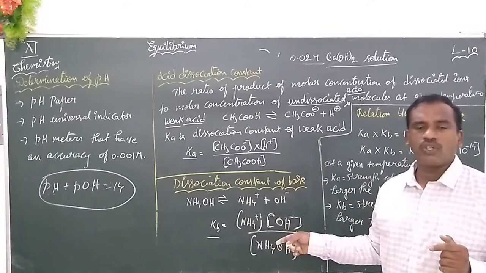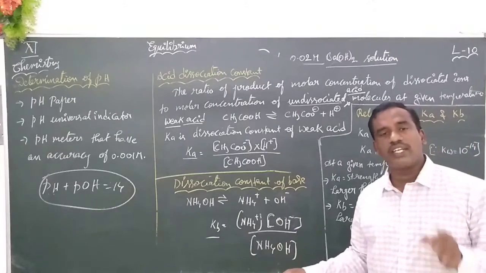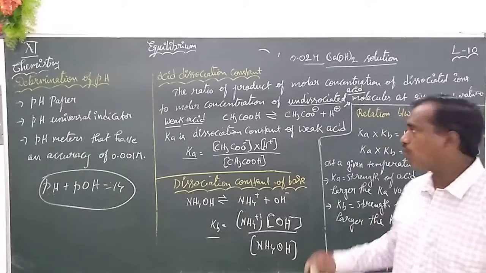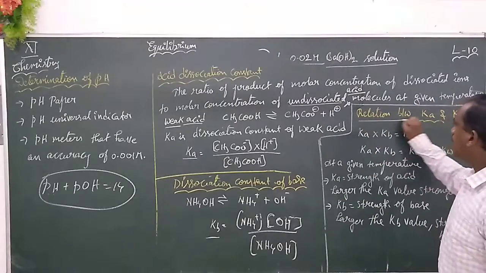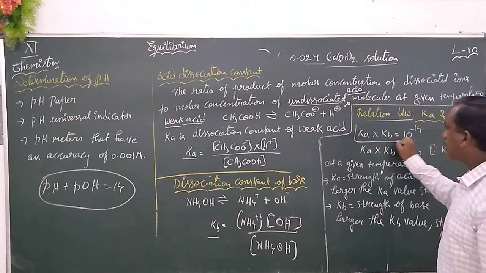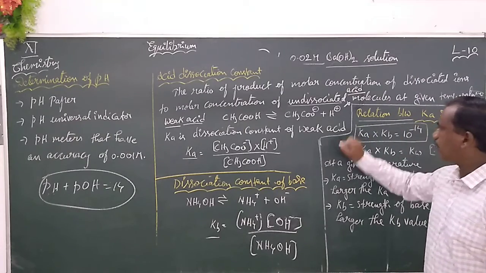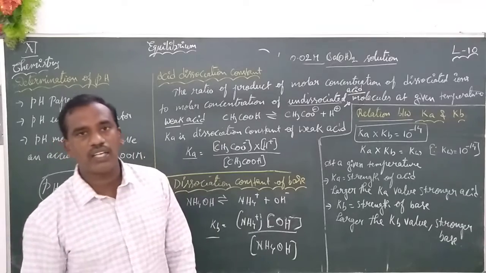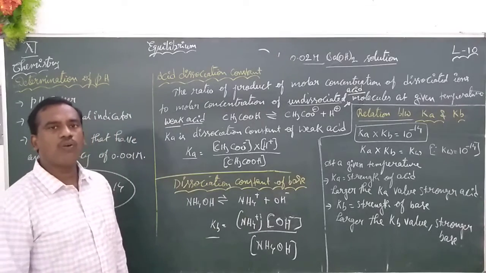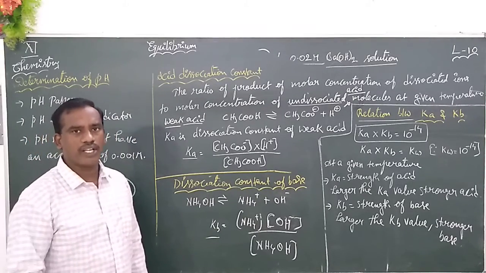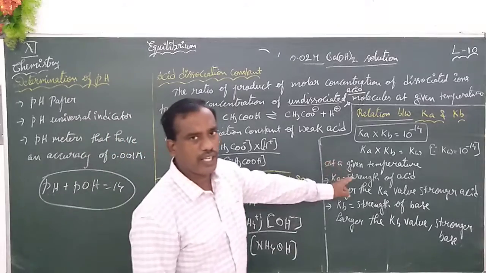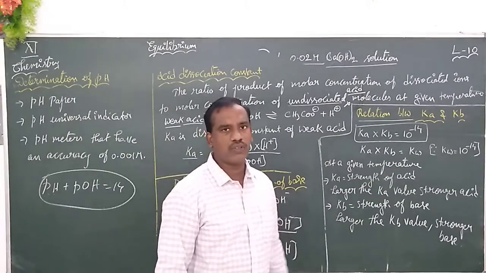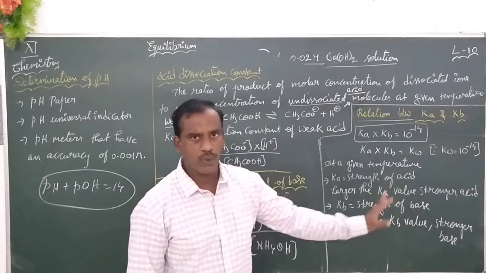Weak base dissociation constant. The relationship between Ka and Kb is Ka into Kb is equal to 10 power minus 14. In the last session we learned that Kw, the ionic product of water, is equal to 10 power minus 14. So the product of Ka into Kb is equal to Kw, the ionic product of water.